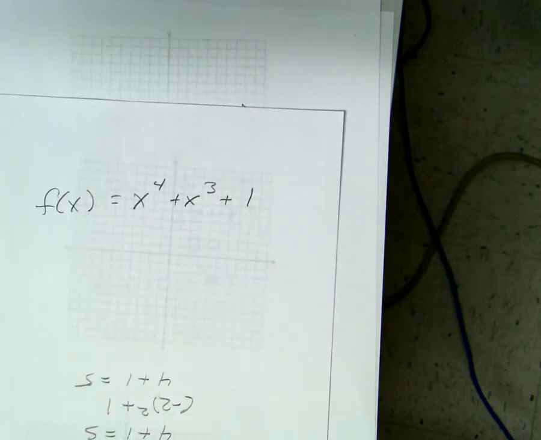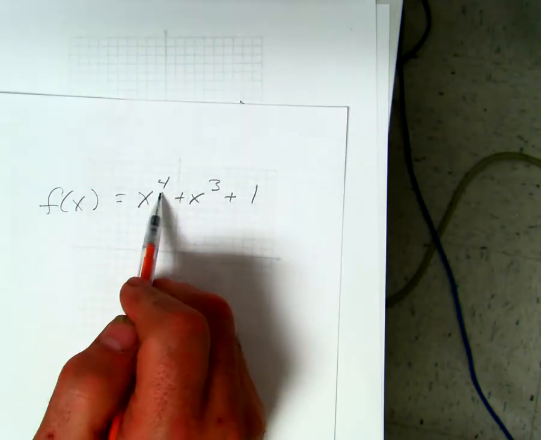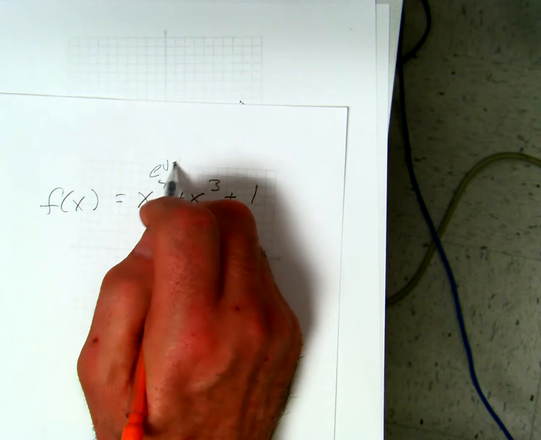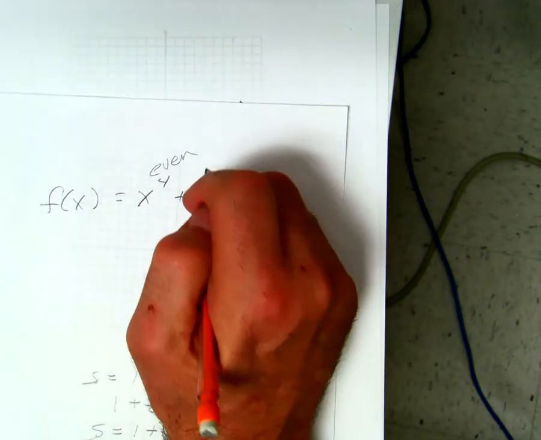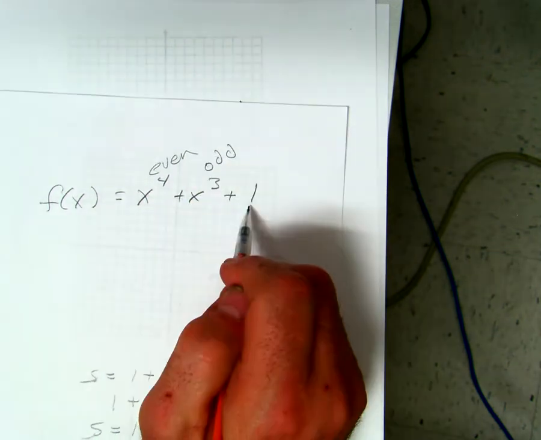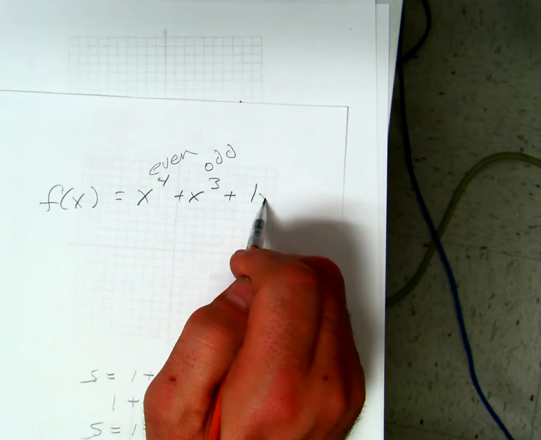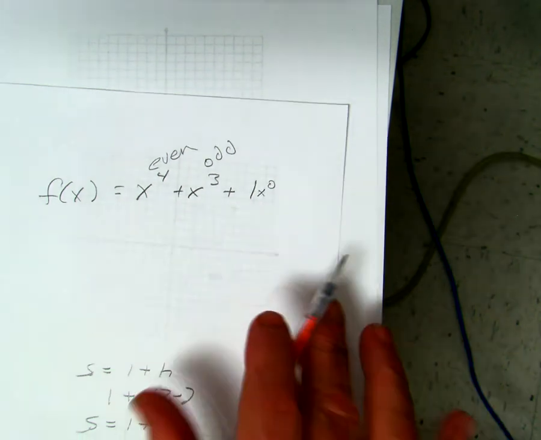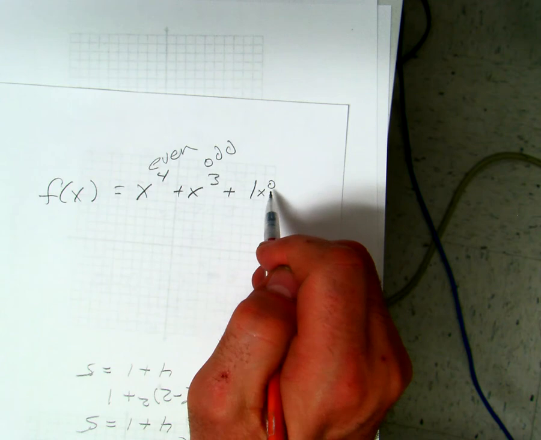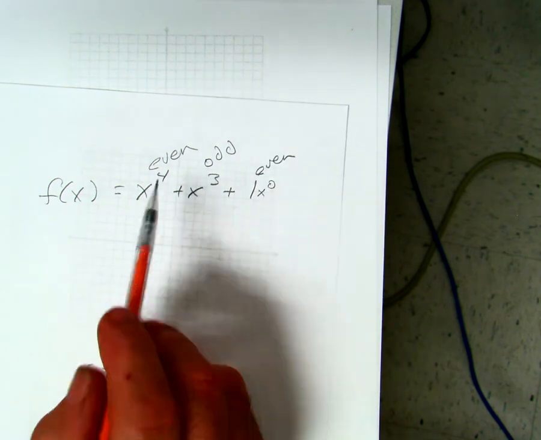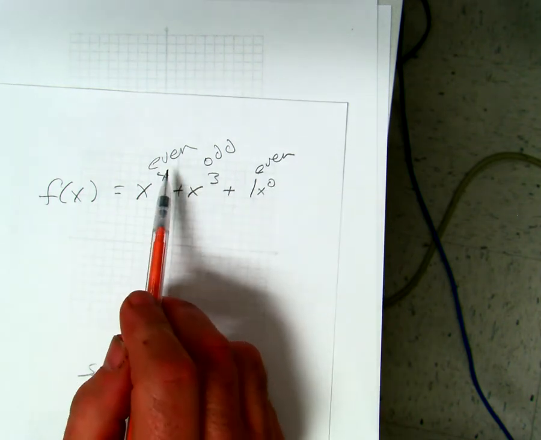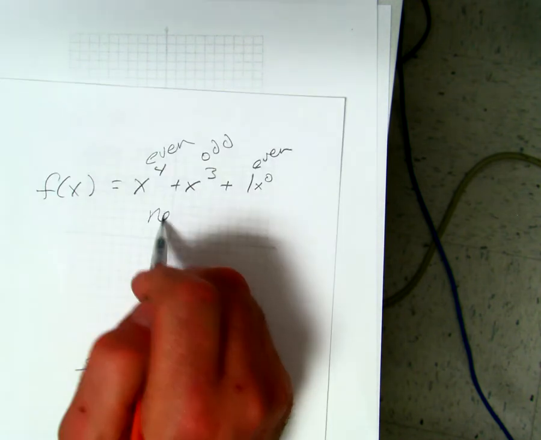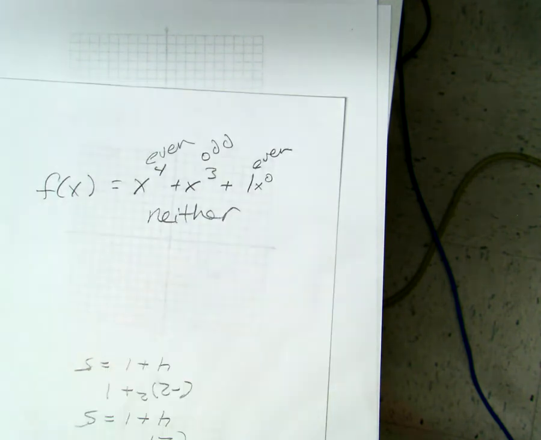Well, this term, x to the 4th, is even. But this term is odd. And of course, if you remember, every constant value would be an x to the 0 degree, which is even. So I have a mix. And whenever I have a mix of even and odds, then I know it's neither.